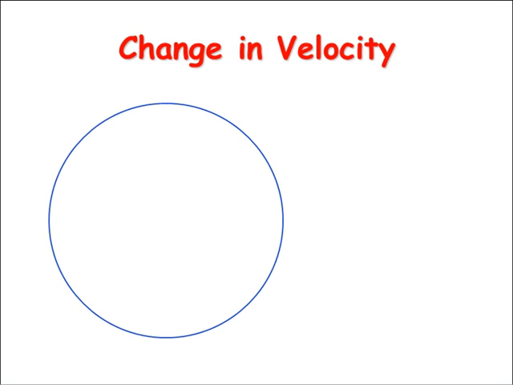So let's analyse what's happening with the velocity at 2 points in time. Initially we've got velocity, which is at a tangent to the circular path, or at 90 degrees to the radius, and a final velocity some point in time later. Again, final velocity is tangential to the circumference and perpendicular to the radius.